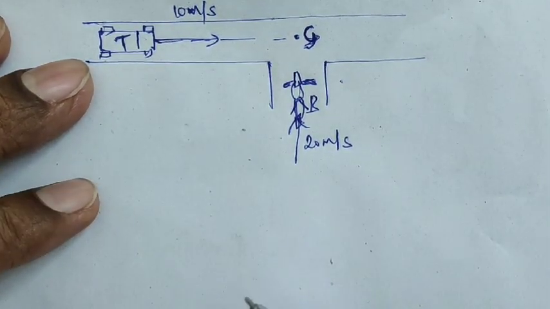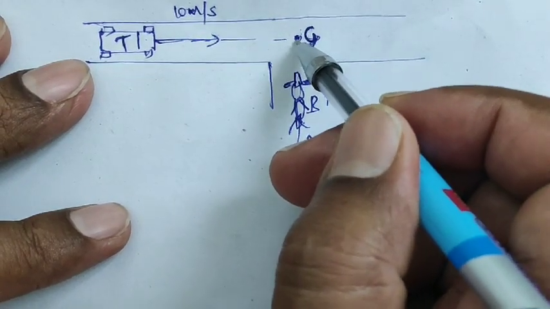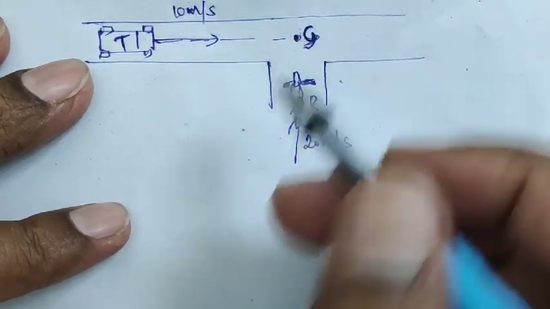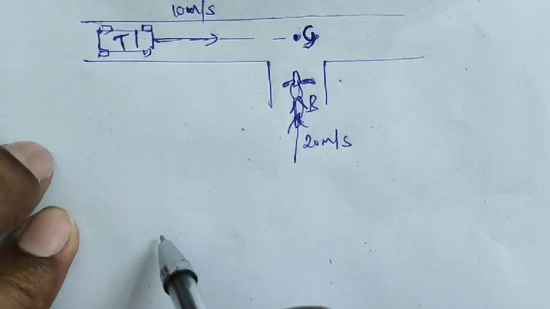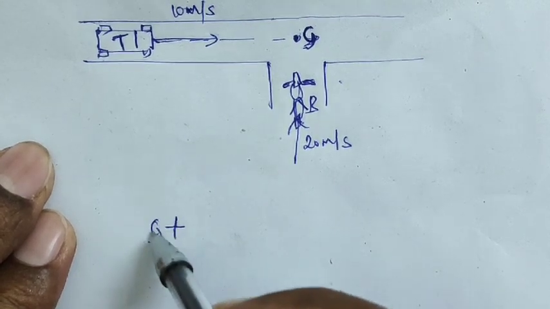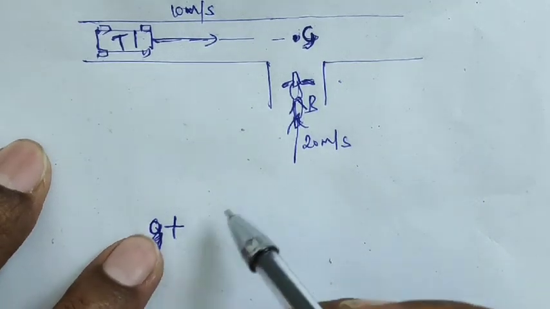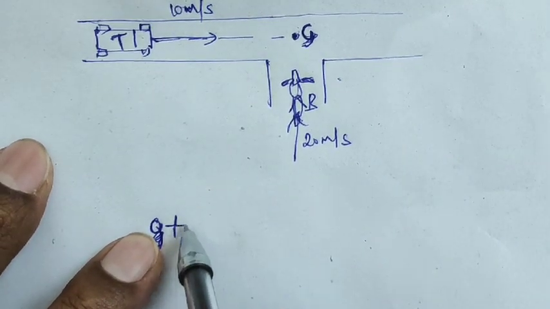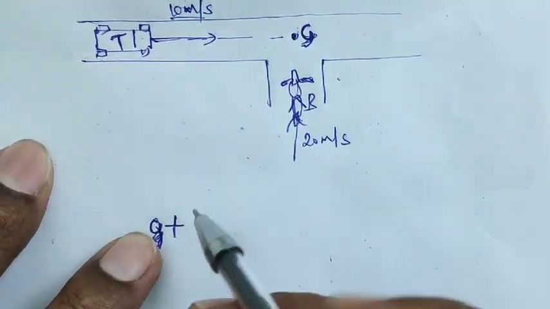And now to draw the vector, first I can locate some point on the ground. So let me draw the point ground here. Ground is G, I can write it with small letters g, and then let me write this as the velocity of the truck. The velocity of the truck is 10 meters per second.